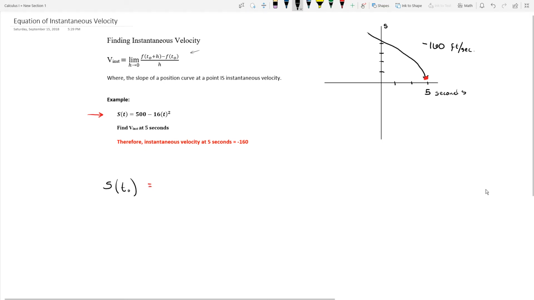So s of t sub 0 is equal to 500 minus 16 t squared. And s of t sub 0 plus that little bit of h, we will end up with 500 minus 16 multiplied by t sub 0 plus h squared.